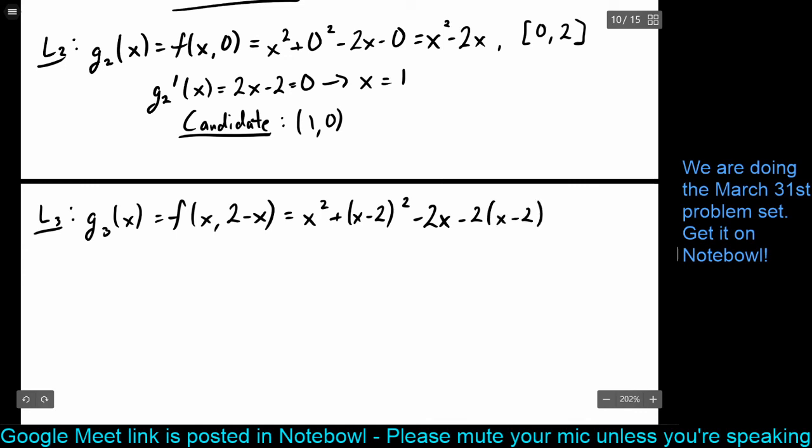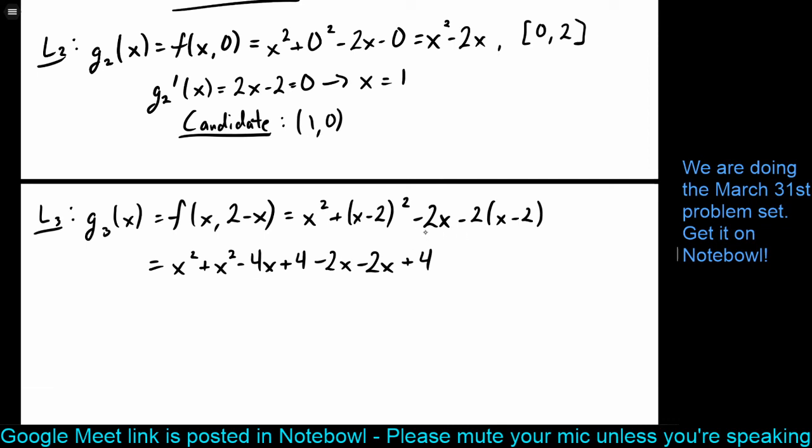It'll be a good idea to simplify all this, otherwise it's going to be a nightmare to differentiate. So let's expand all this out. Minus 2x, another 2x, plus 4. Let's see here.